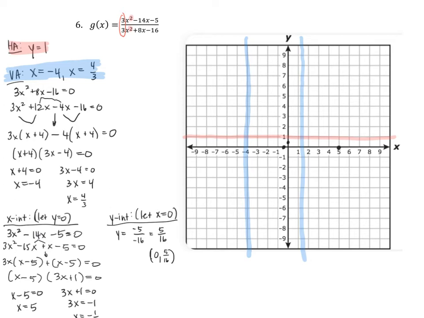Okay, so now we have all the little pieces on the graph. Now it's a matter of connecting everything and drawing our curves, our continuous lines, right? So the first thing to notice, let's rewrite this in factored form. We factored out the numerator and got x minus 5 and 3x plus 1.